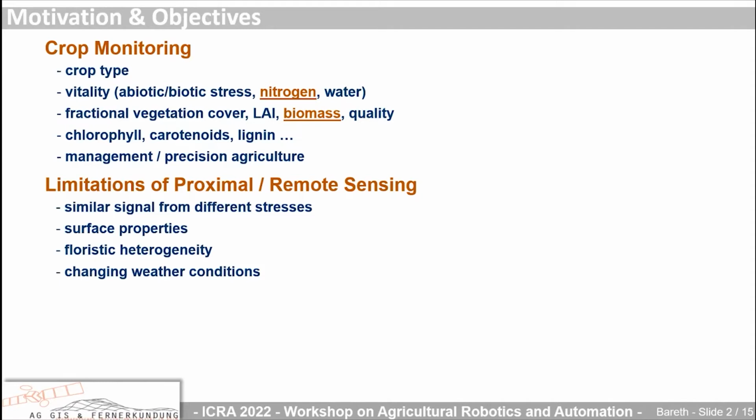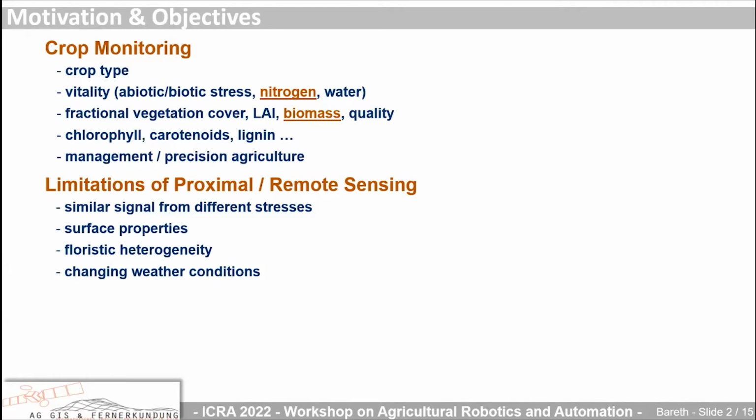The first one might be that a similar signal from the canopy is caused by different stresses. For example, nutrient stress could give a similar signal to water stress, and if you have a root pathogen, it might give you a similar signal from the leaves compared to water stress.